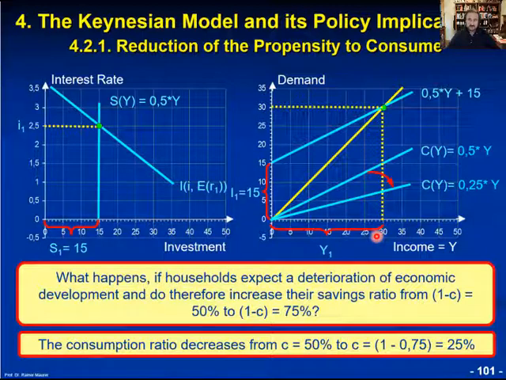As a result, you also have to change the slope of the total demand curve, since the total demand curve corresponds to the investment demand plus the consumption demand. So if the consumption demand curve gets flatter, the total demand curve also gets flatter.